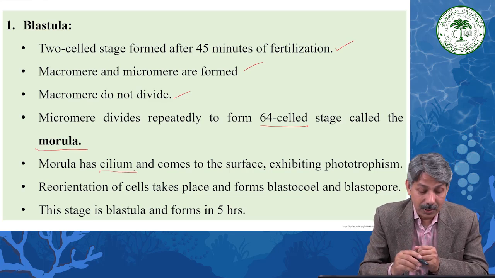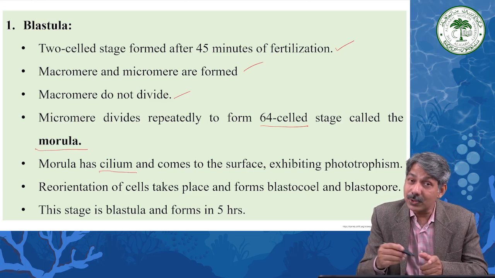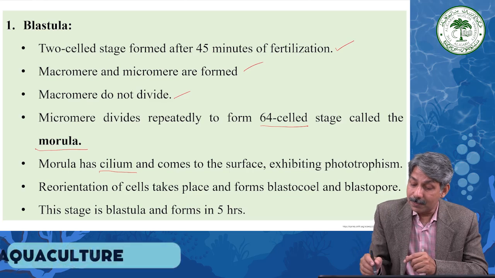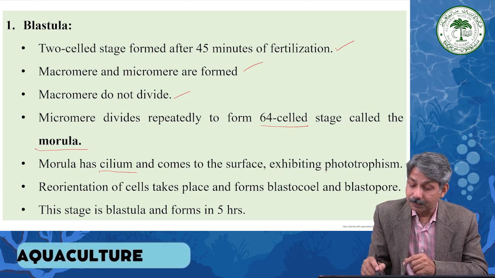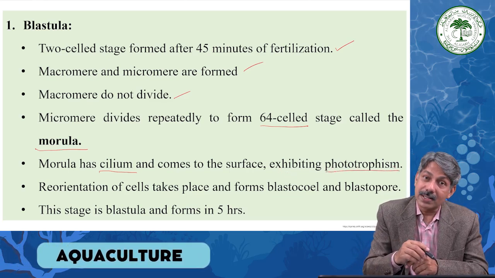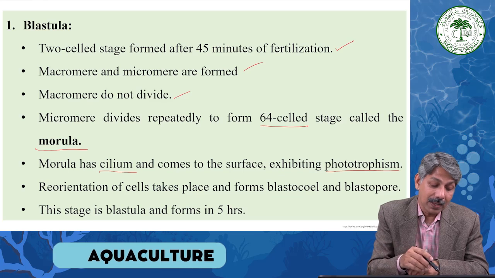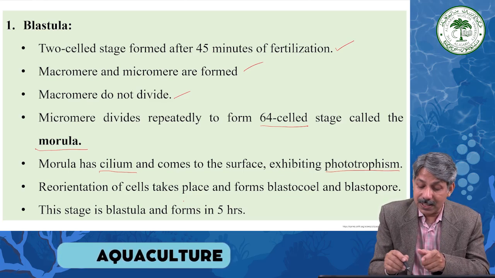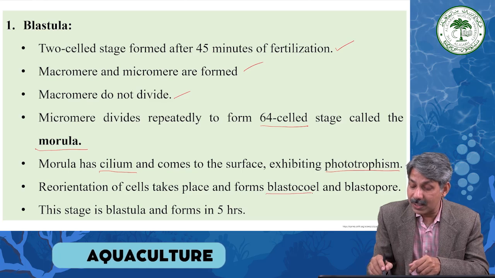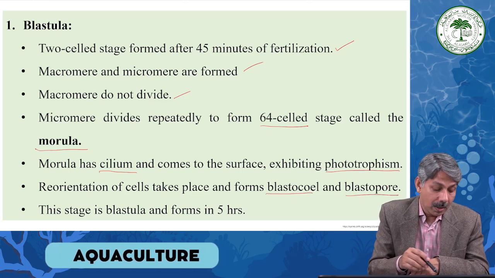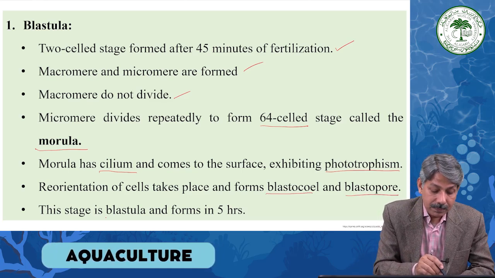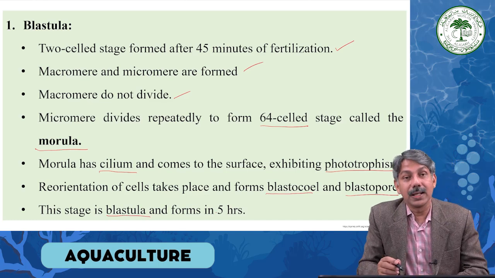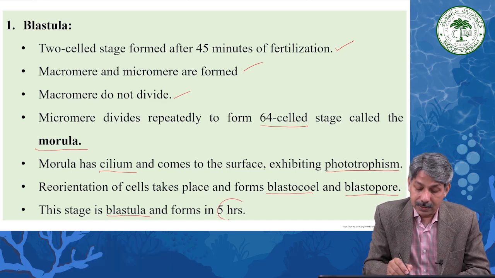This is an important development, and it comes to the surface because of this, exhibiting phototropism. This morula stage starts showing phototropism, and because of cilia it can come to the surface. Reorientation of cells takes place at this stage and forms blastocoel and blastopore. This stage is blastula and it forms in about 5 hours.